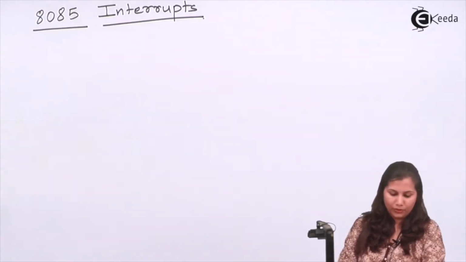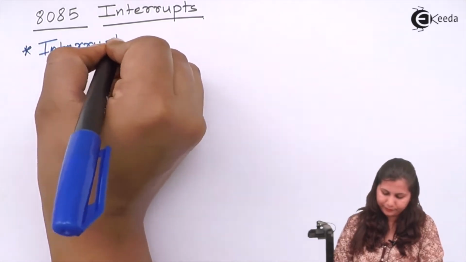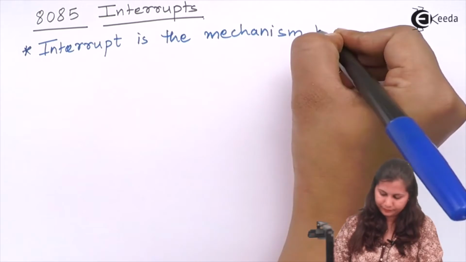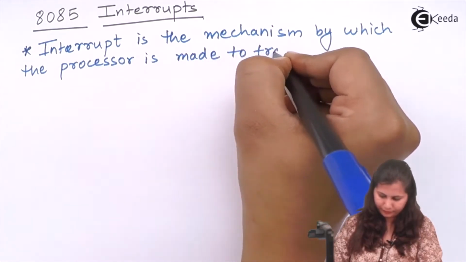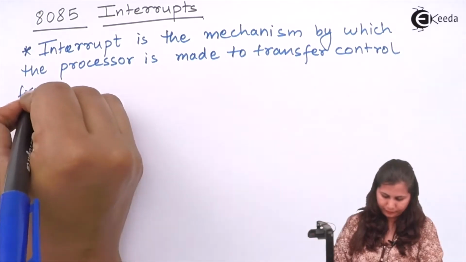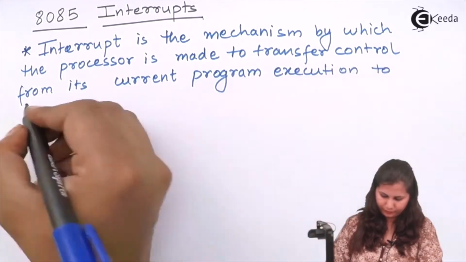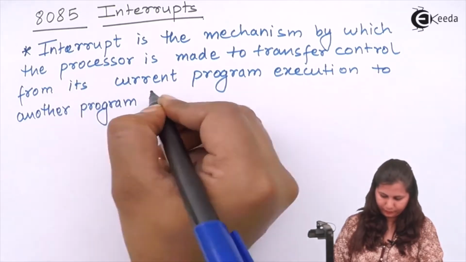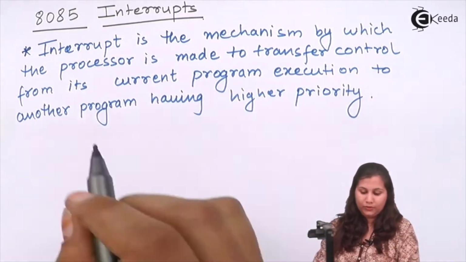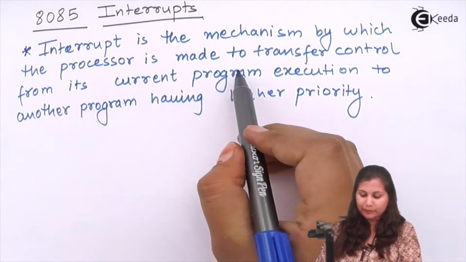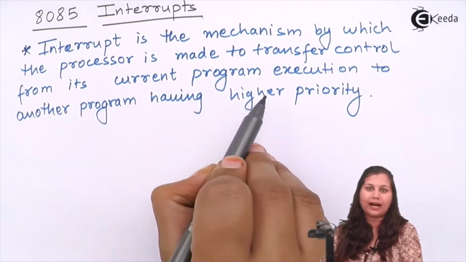So the interrupt is the mechanism by which the processor is made to transfer the control from its current program execution to another program having higher priority.